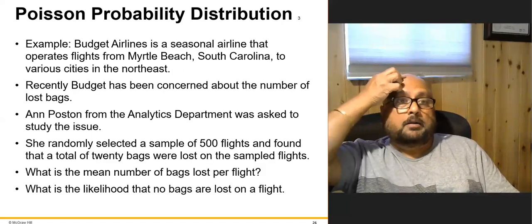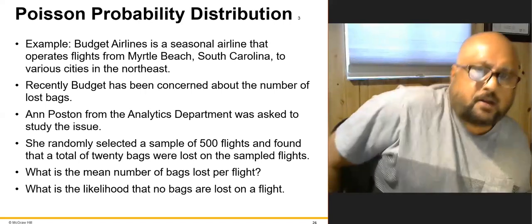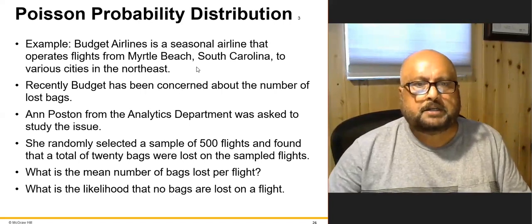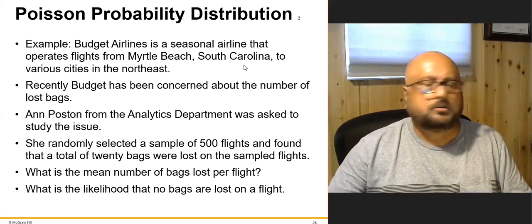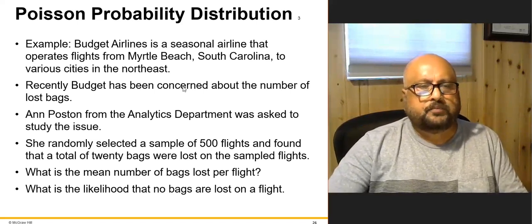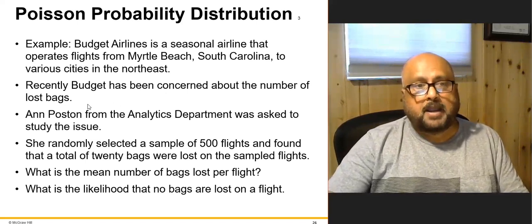So now here is the example. Budget Airlines is a seasonal airline that operates flights from Myrtle Beach, South Carolina, to various cities in the Northeast. Recently, Budget has been concerned about the number of lost bags.